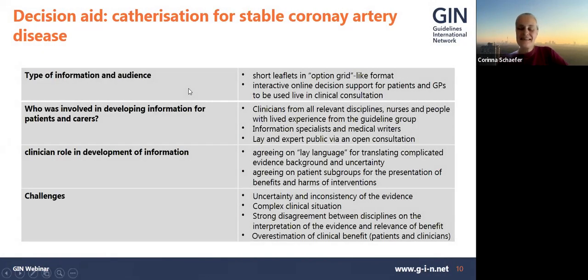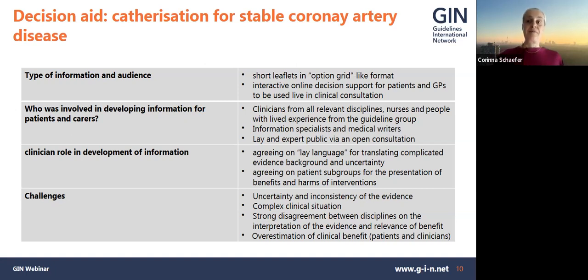Yes, and so like Karen did, I'll also share the experience with one of the informations that was derived from that guideline, which is a decision aid on catheterization, cardiac catheterization for stable coronary artery disease. The background for this decision aid was that we know that, especially in Germany, we have far too much cardiac catheterization in the process of diagnosing coronary artery disease.